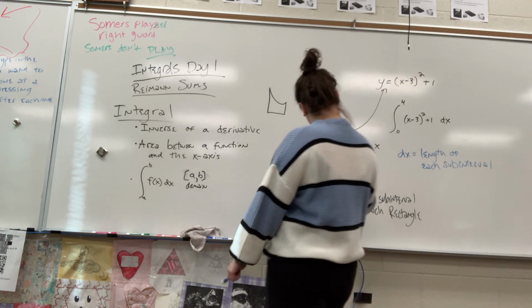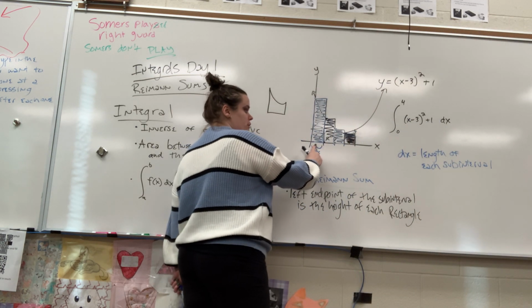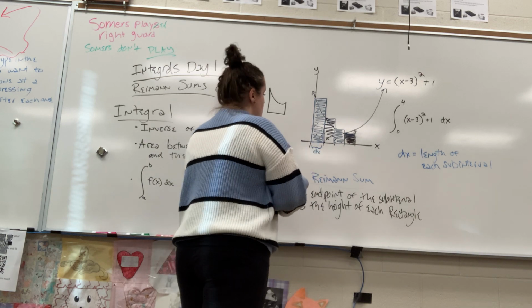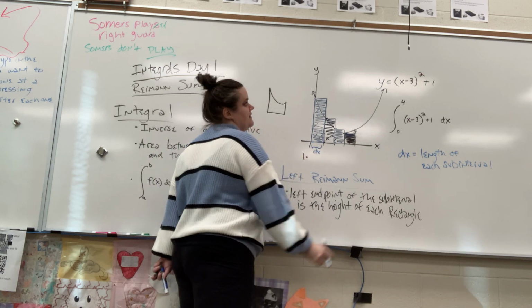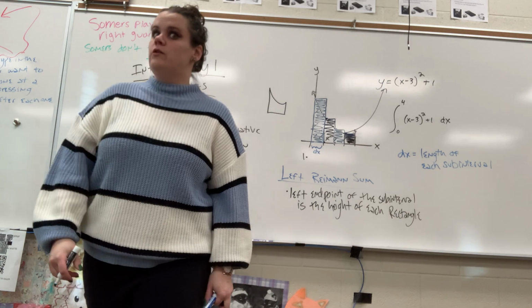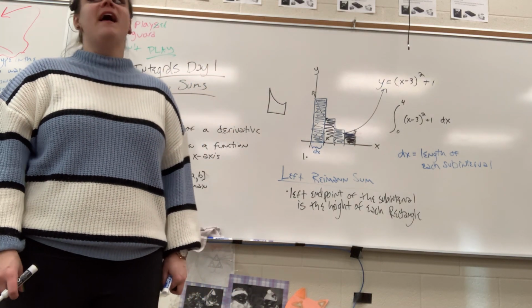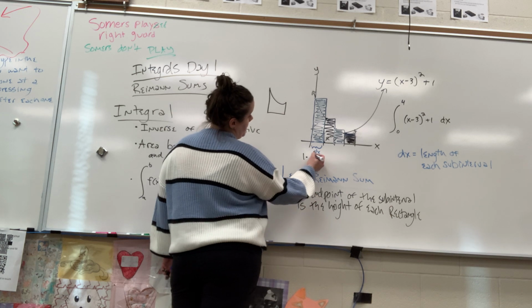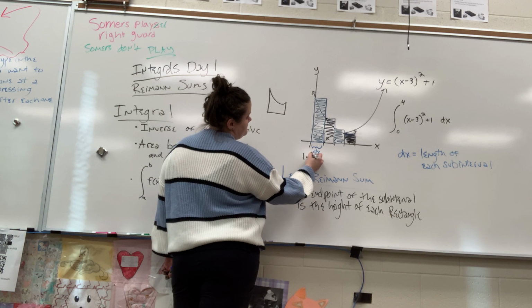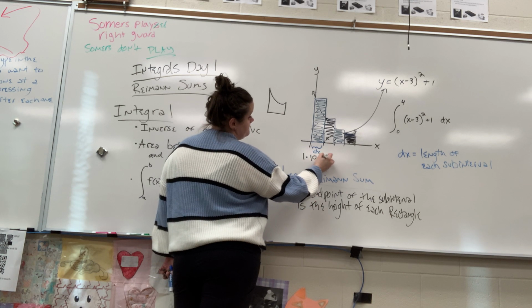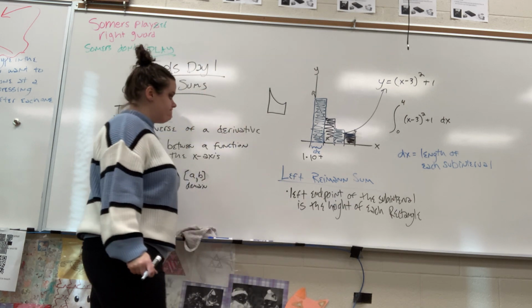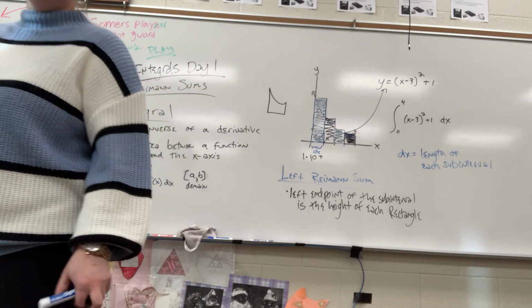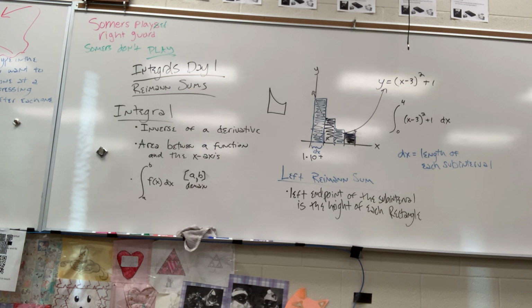So, what would the base length be for this first blue rectangle? 1. And what's its height? F of 0. So find it. Then the next rectangle, 1 times what?